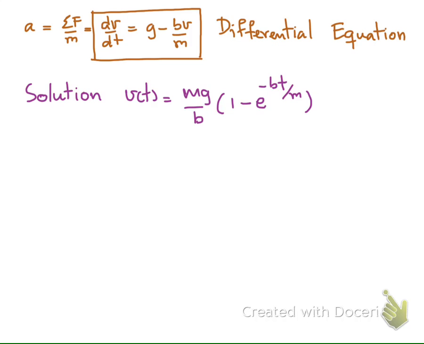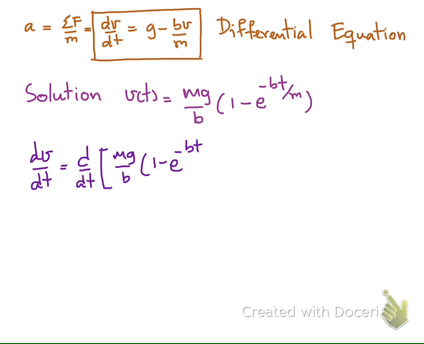if I take the derivative of v, we have that dv by dt is equal to d by dt of mg over b of 1 minus e to the power of minus bt over m.